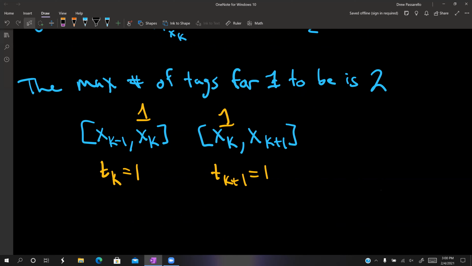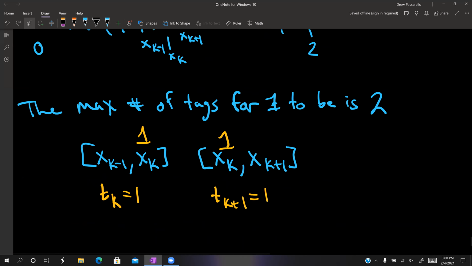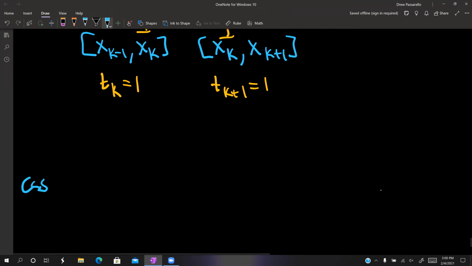All right, so first I'm going to handle the case in which one of the tags is 1. Now that we've established that yes, it's possible 1 could be a tag, and it could be at most 2 tags, what happens when 1 is exactly 1 tag?